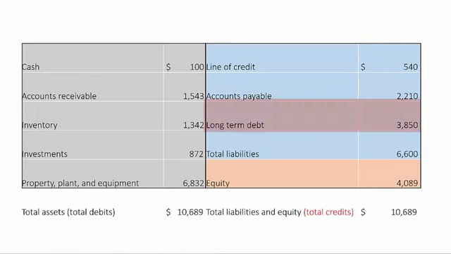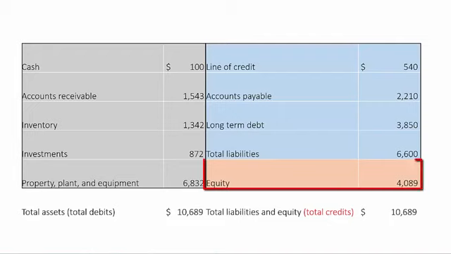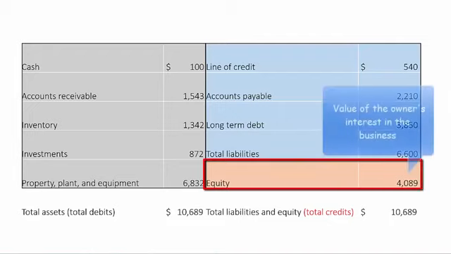The bank or some other lender has given us a long-term loan for $3,850, and our total liabilities are $6,600, which is the amount we owe to other people, which then leaves a residual amount of $4,089 of equity, which represents the value of our interest in the business.